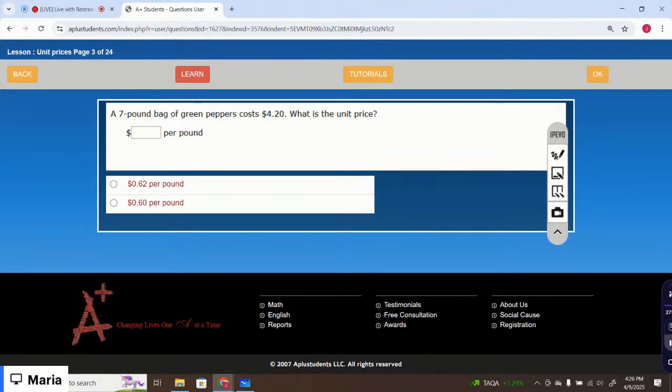So you have to divide $4.20 by 7. So the correct option is 0.60 per pound. Option number two is the correct option.